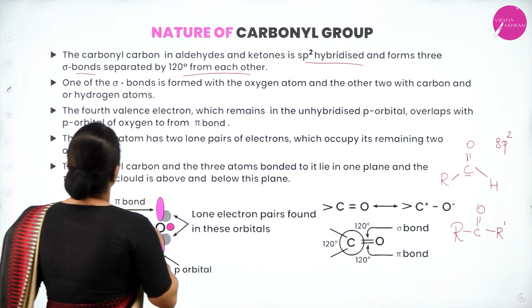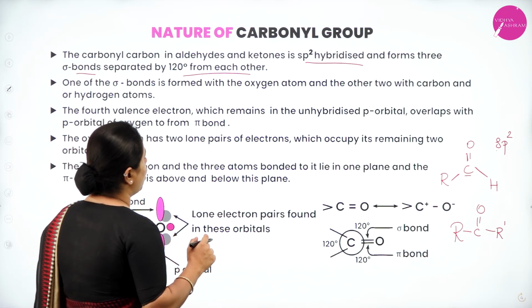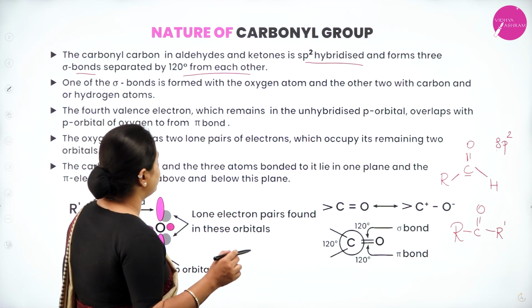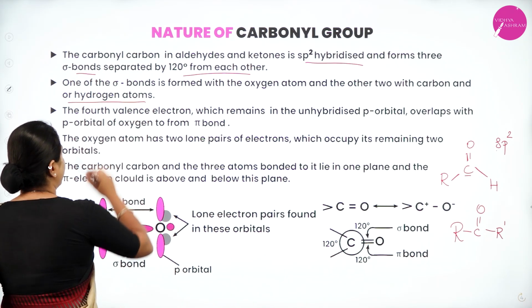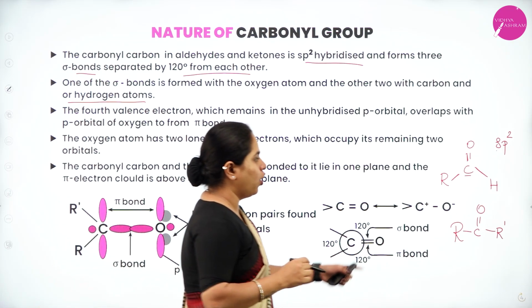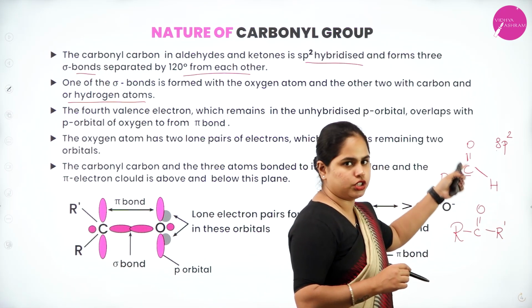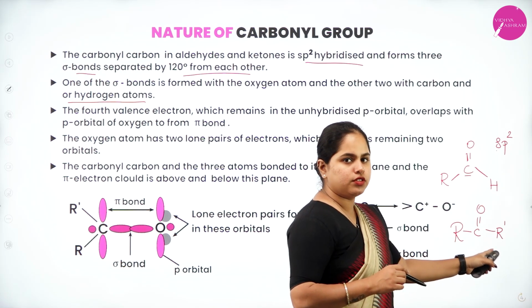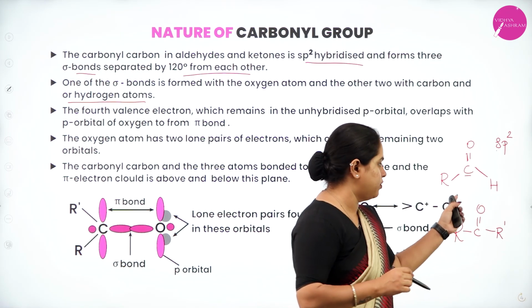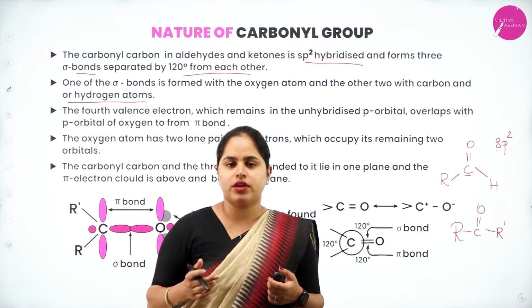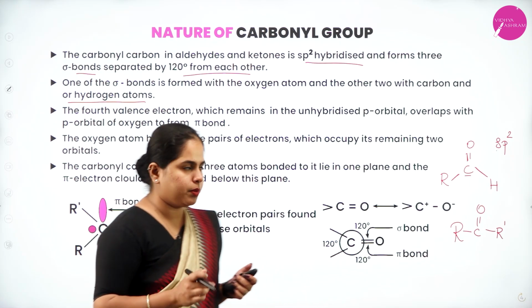So let us see. So one of the sigma bonds is formed with the oxygen atom and the other two with the carbon and hydrogen atom. So in case of aldehyde, sigma bonds are with carbon atom, hydrogen atom and oxygen atom. And in case of ketone, it is with both carbon atoms and one oxygen atom. So in both cases, you can say that totally 3 sigma bonds will be present.